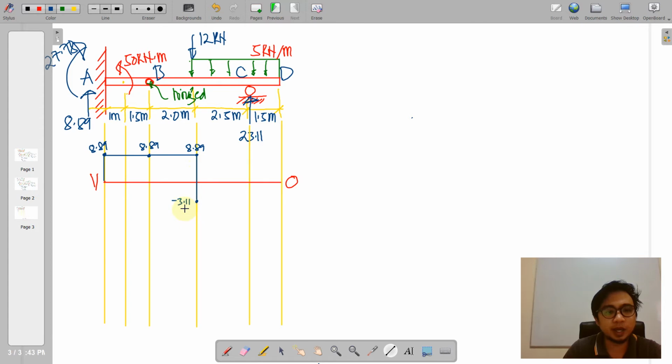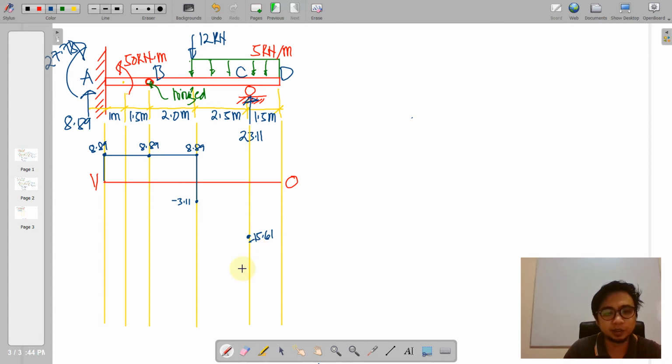So doing that, we have negative 3.11 minus the area of this rectangular distributed load, that is 5 by 2.5. So 5 by 2.5 is 12.5, but considered to be downwards, that is negative 12.5.